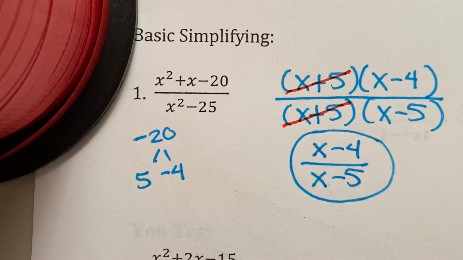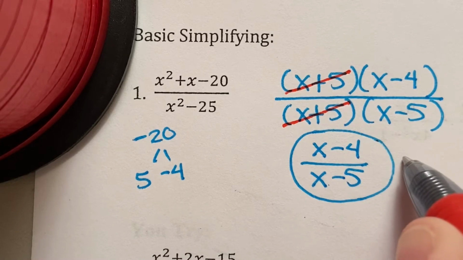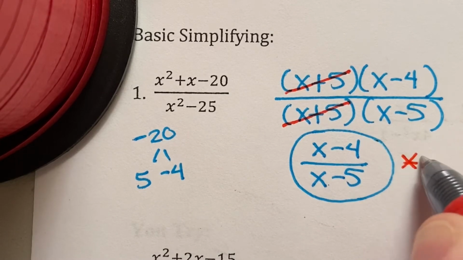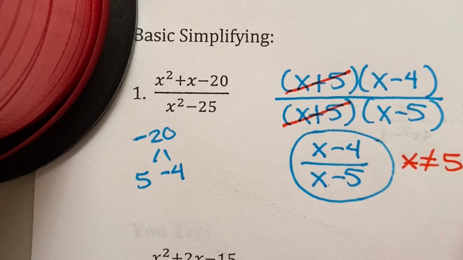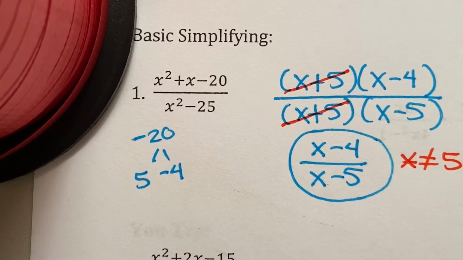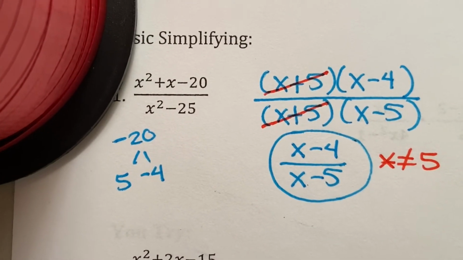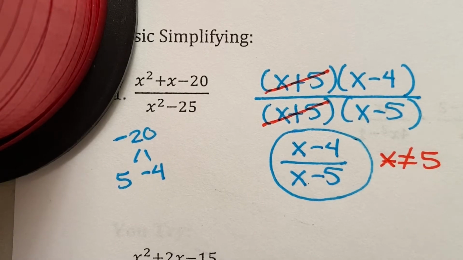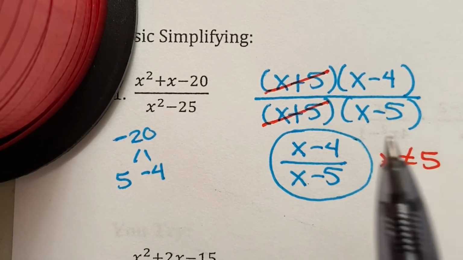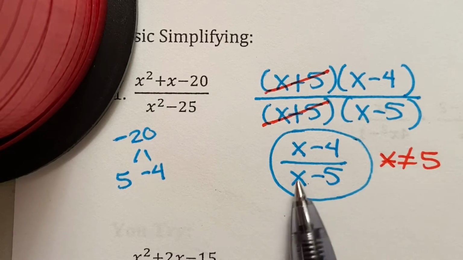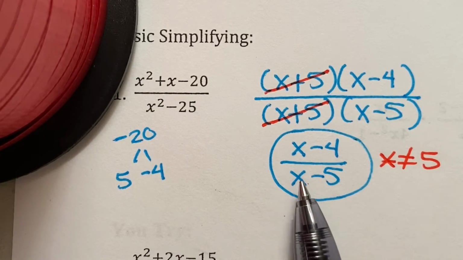And then an extraneous solution for this would be x cannot be positive 5. Now, you're not going to have to answer questions about that, but I did want you to know the reason why it cannot be positive 5. If I were to substitute 5 into this function, 5 minus 5 in the denominator would give me 0.